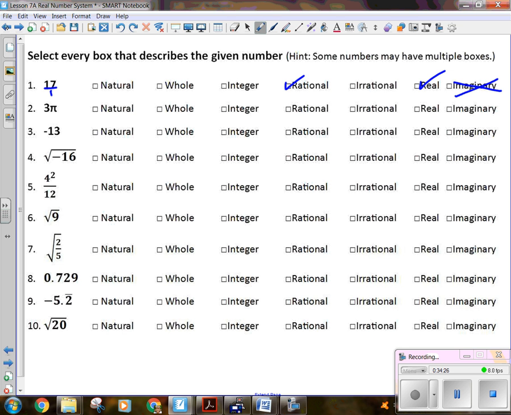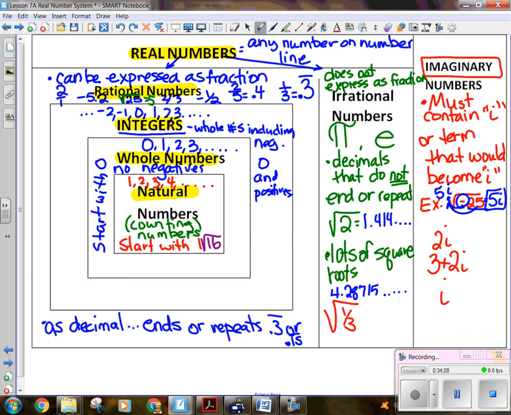If I go back and look, the number 17. If I go out far enough in my counting, 1, 2, 3, 4, would I eventually count to 17? Yes. So 17 is a natural number. 17 is also a whole number. 17 is also an integer. 17 is also rational. And 17 is also real.